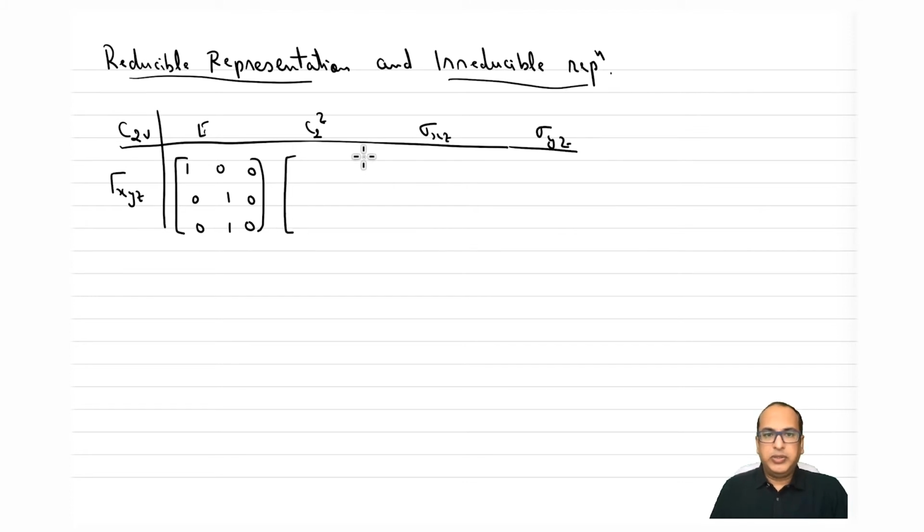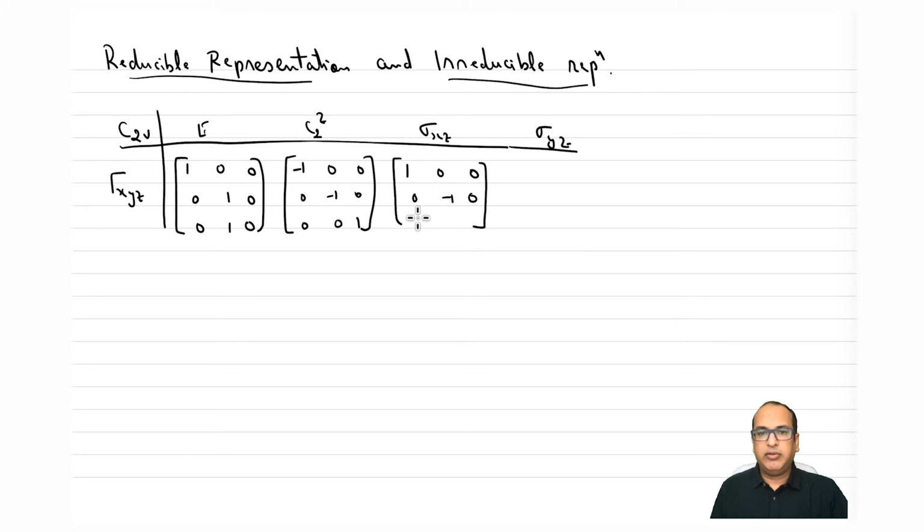So now if I do C2Z, I will get -1 for X, -1 for Y, and positive for Z. Similarly, if I am doing sigma xz, I will get 1 0 0, Y will be -1, and Z will be positive. In this case, it will be X negative, Y and Z positive, right? That we have already worked out. Sorry, this element got wrong here. This will be 0 and 1.